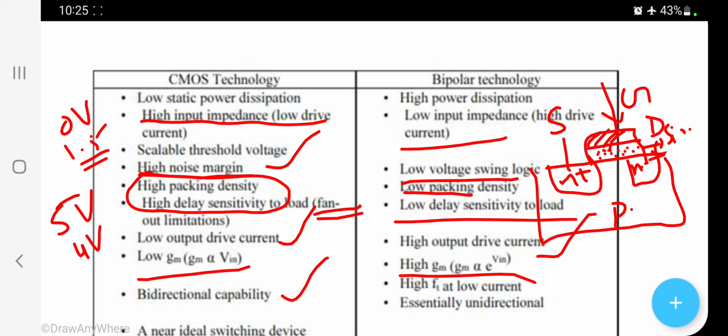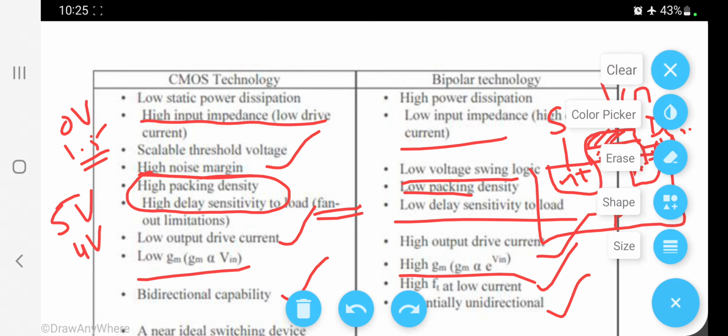We will see this later. And here you have high ft at low current. Okay, that is a frequency related concept, we'll see in later classes. Bipolar is essentially unidirectional.